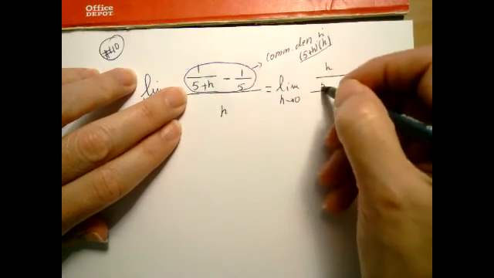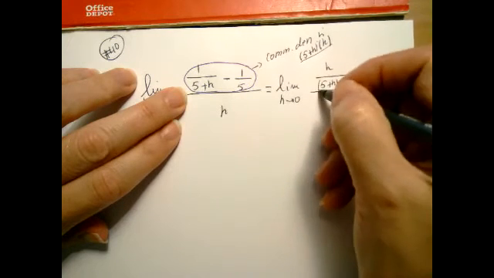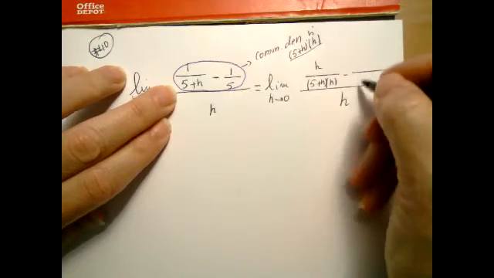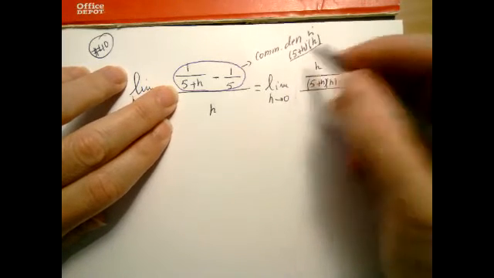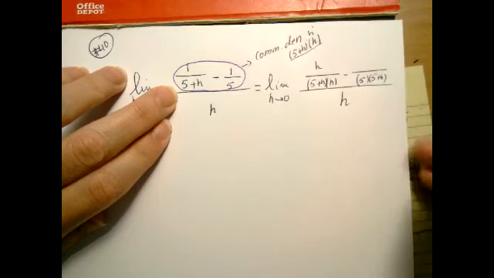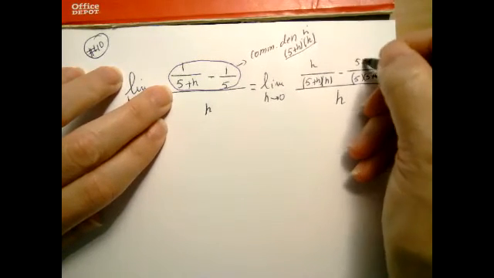So I have to multiply both by h. Minus, I have a 5 in here. The common denominator is 5 plus h, so I need to multiply both by 5 plus h right there.